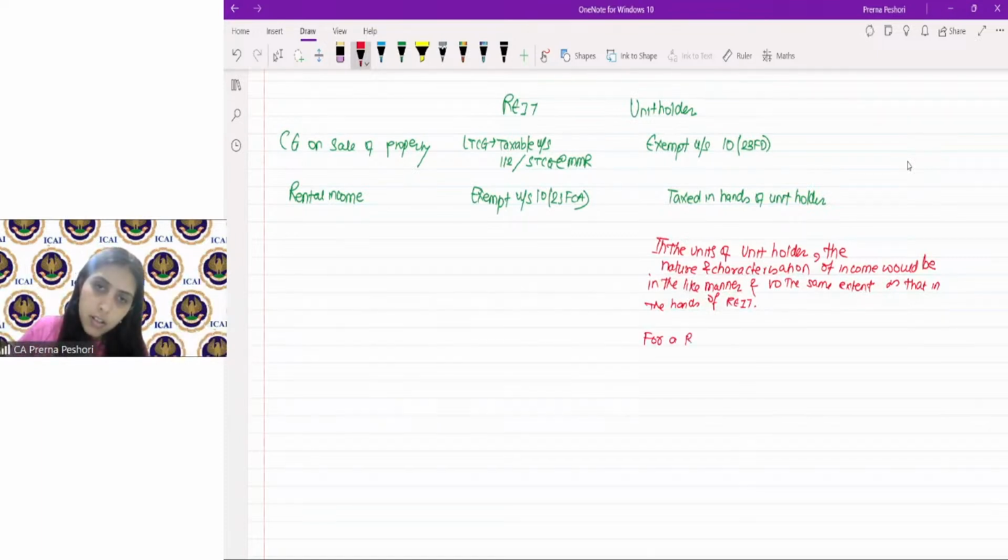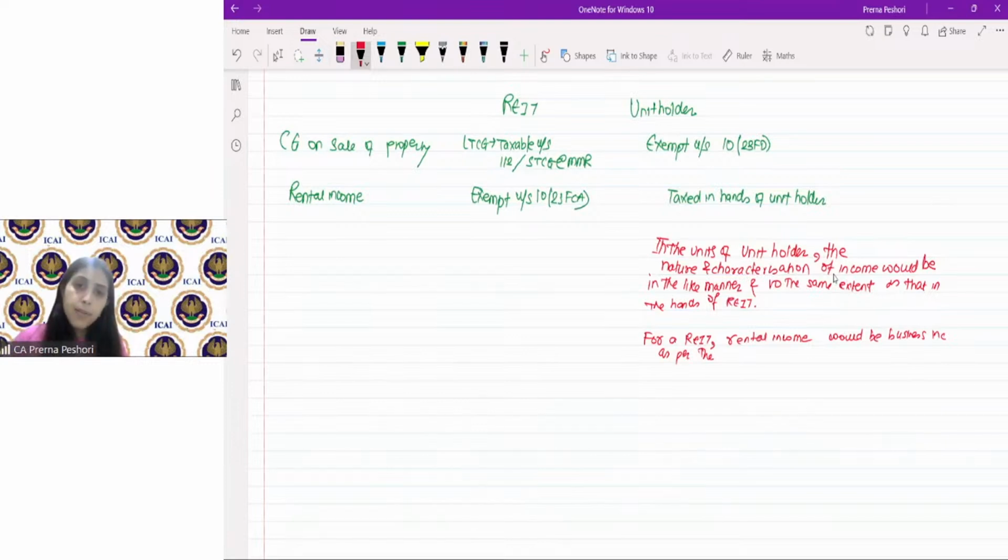For a REIT, the rental income would be business income as per the principles laid out by the Supreme Court in the Chennai Properties case.